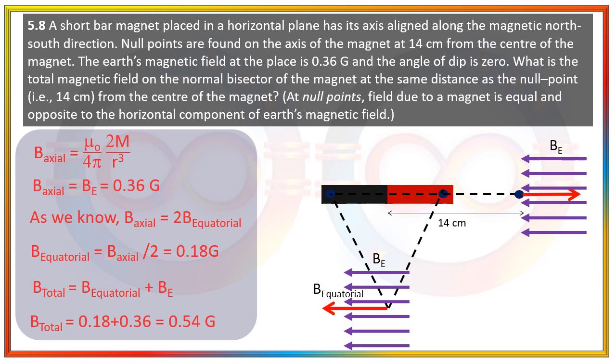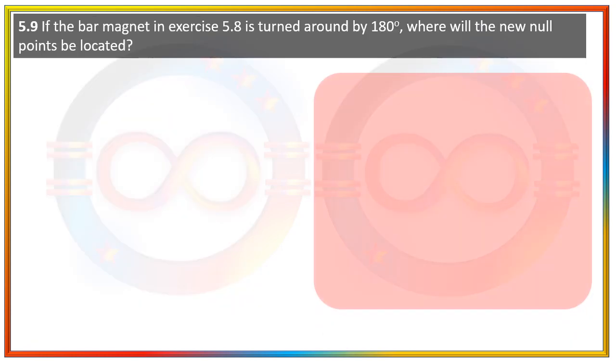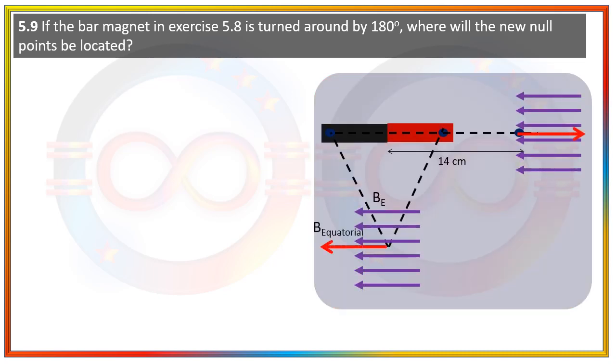Question number 9 is saying that if the bar magnet in the previous question is turned by 180 degree. So this was the condition of the previous question. We are going to turn the magnet by 180 degree. What will happen? Both the fields would change their direction. First, the axial field will be in the direction of the earth's magnetic field, so there is no chance to get any null point on its axial line position.